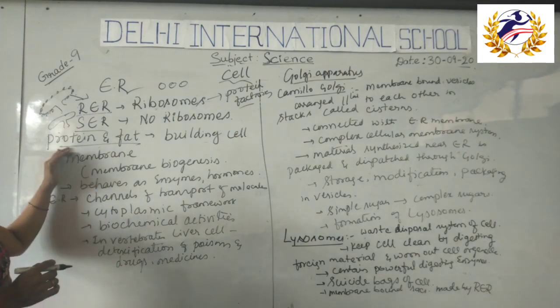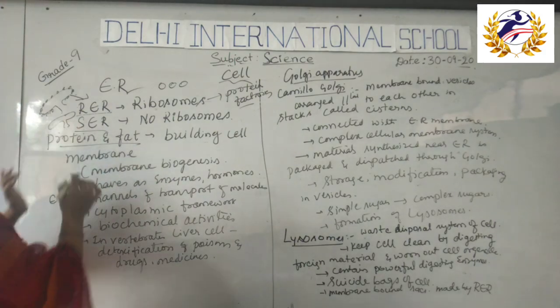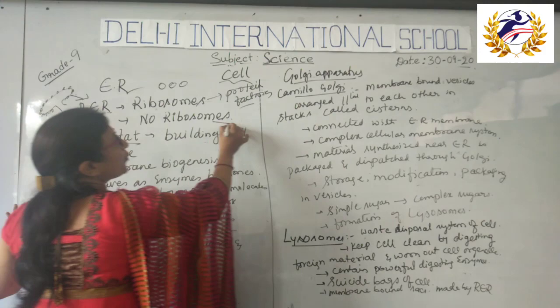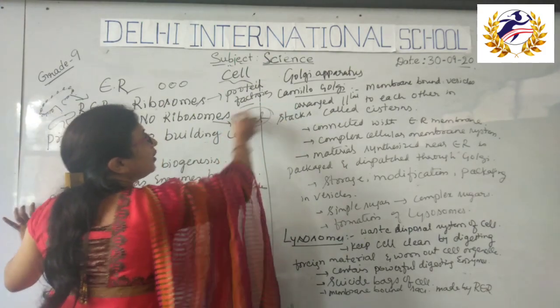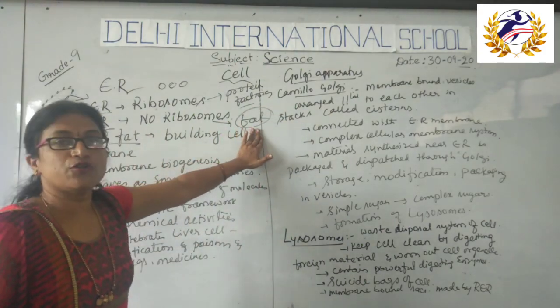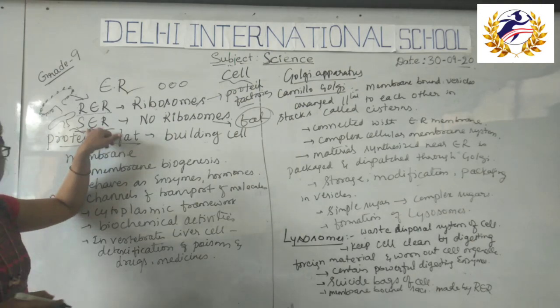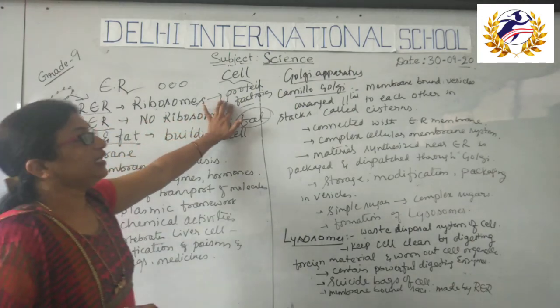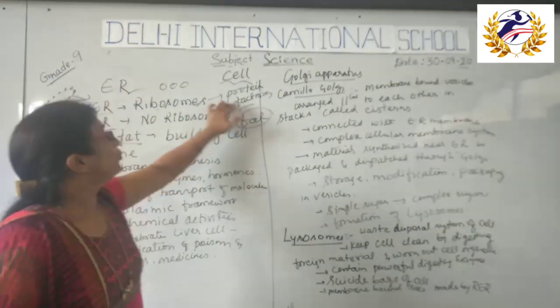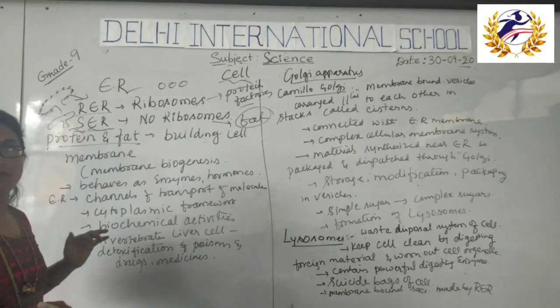So proteins and fats. This smooth endoplasmic reticulum produces the fat, the fats the body needs. And producing the proteins the body needs is the rough endoplasmic reticulum function.